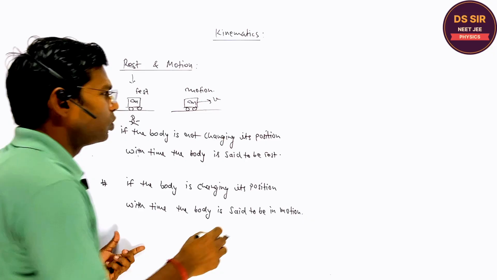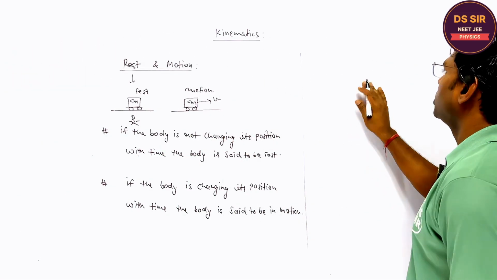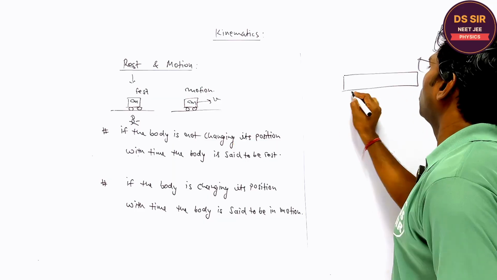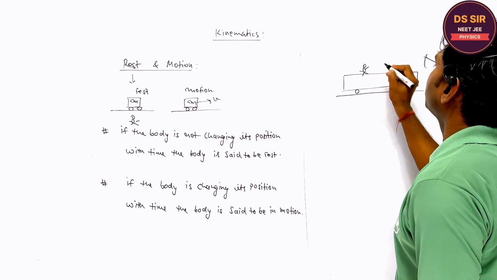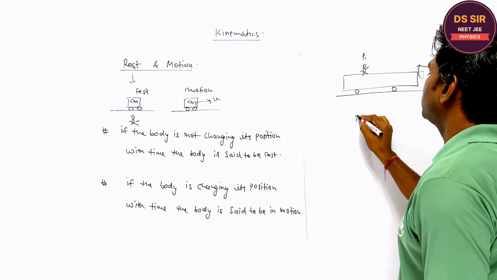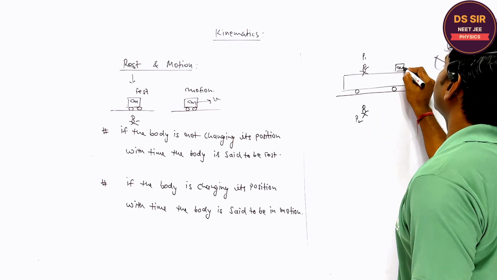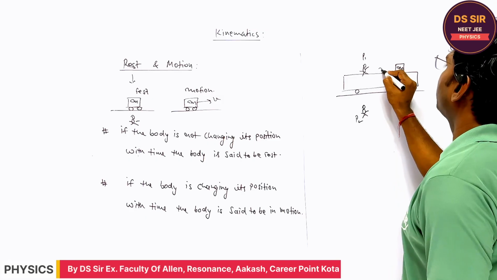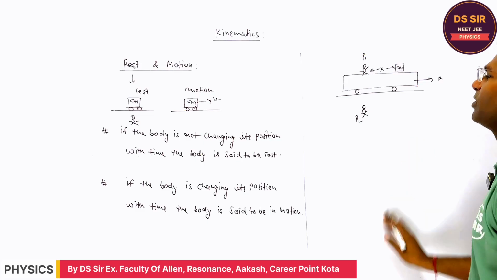Understood? But this is not enough to define rest and motion. For example, suppose there is a long cart, and you are standing over here. This is the person P1 and this is the person P2 on the ground, and there is a block of mass m at a distance x, where x is constant, and the cart is moving with velocity v.